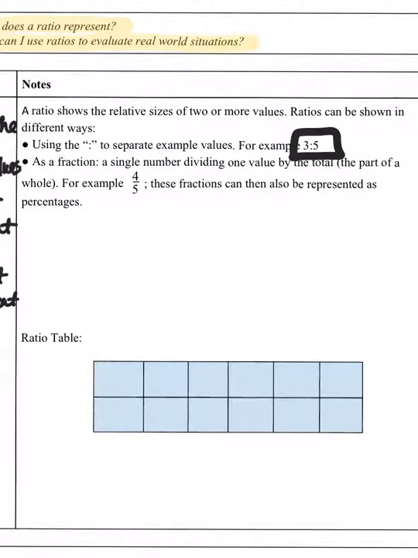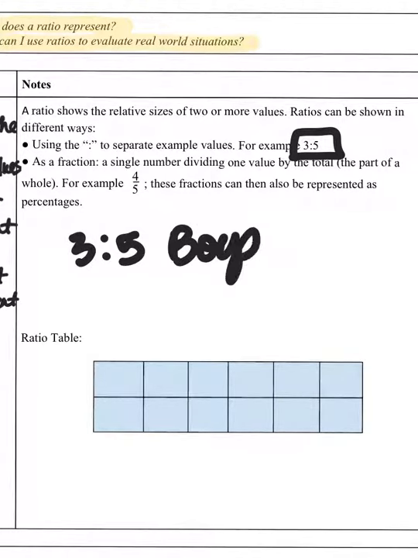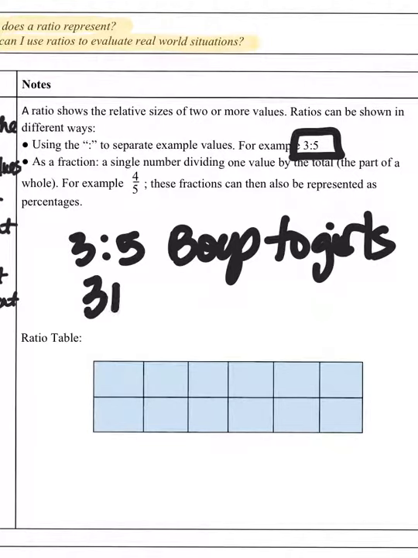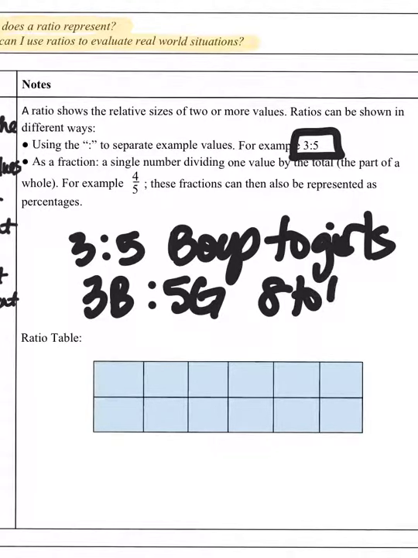What that means is if you had in a group 3 boys to 5 girls, that would mean that you have 8 total. They can also be written as a fraction, but typically when you're going to see ratios in a fraction, they are going to be talking about the total number.